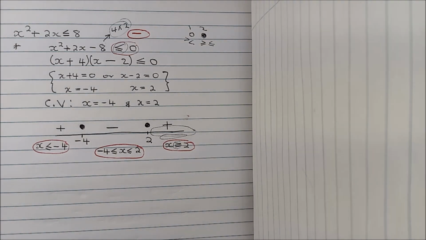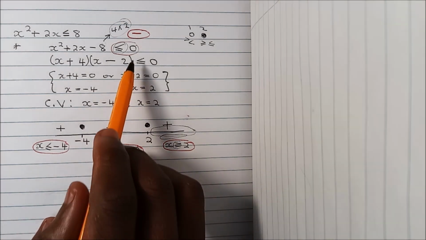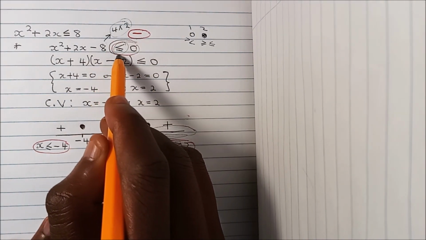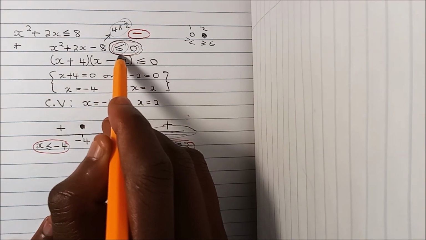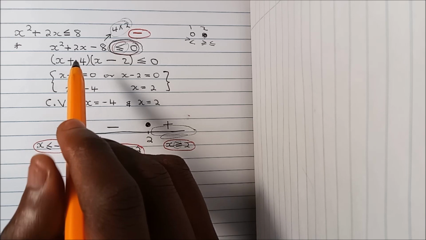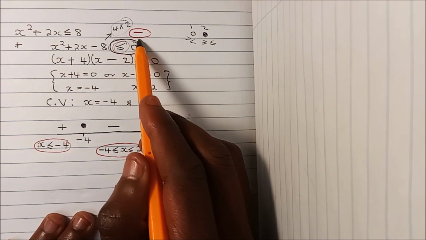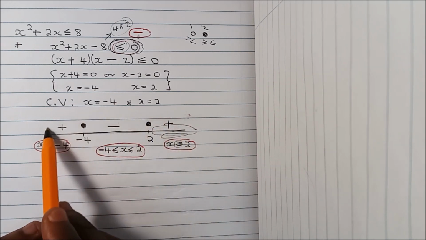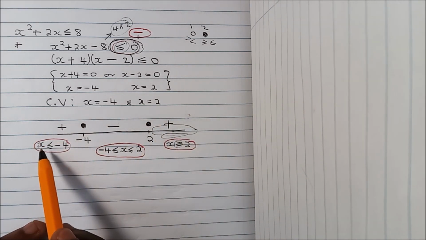So now we check. What did we say here? We were given that we end up with less than or equal to 0, and less than or equal to 0 is negative. So now you come to your diagram, you spot the negative. Why is the negative?